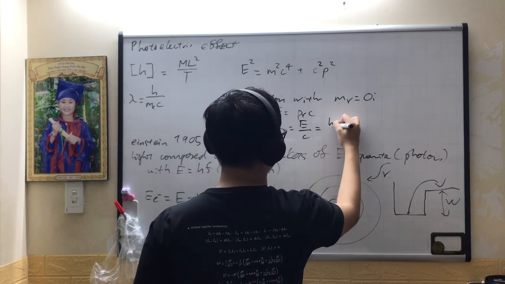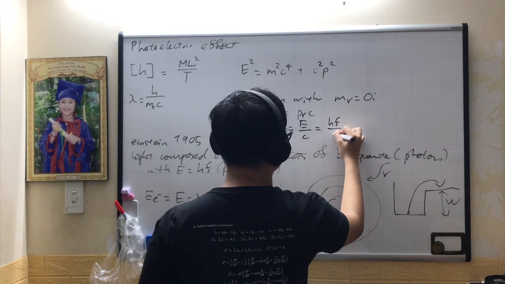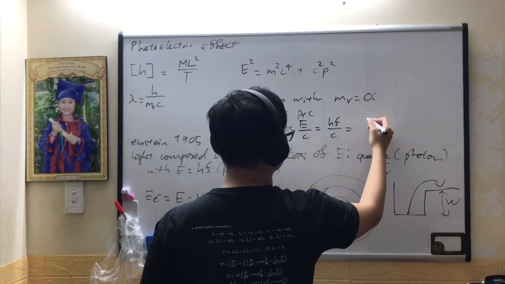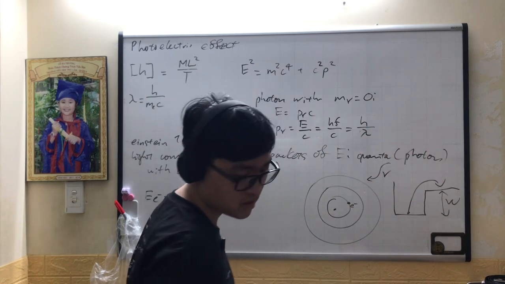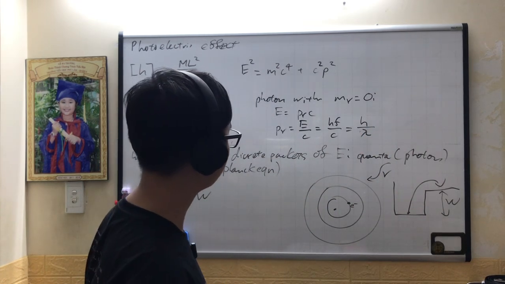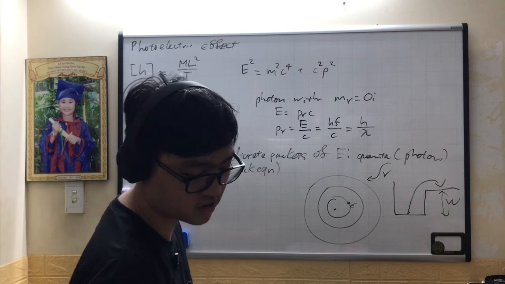This is equal to hf over c, and this is h over lambda. Lambda is the wavelength of the photon.